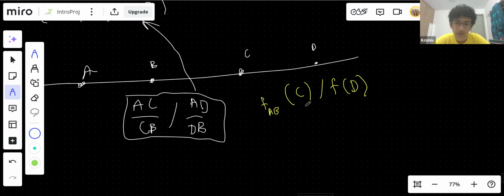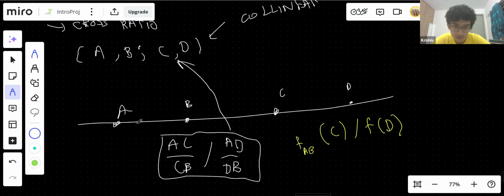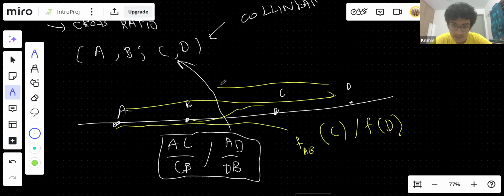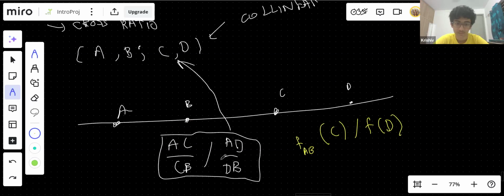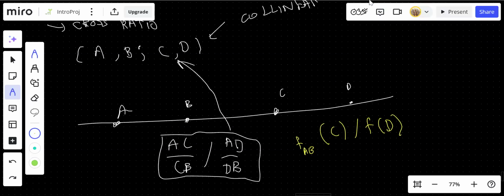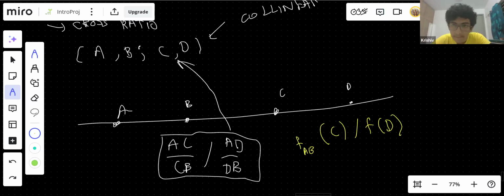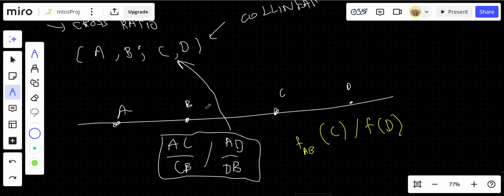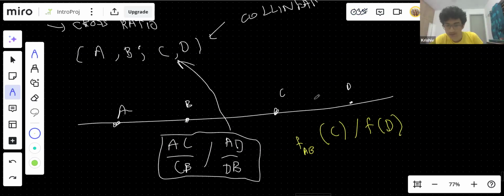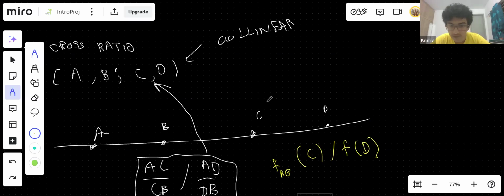And again, very importantly, the lengths are directed. So AC is this way, CB is this way, AD is this way, DB is this way. Can anyone tell me whether the cross ratio is positive or negative in this setup of points A, B, C, D? Positive, because CB and DB are both negative. So it's positive in this case. When C and D are both external to AB, it's positive.